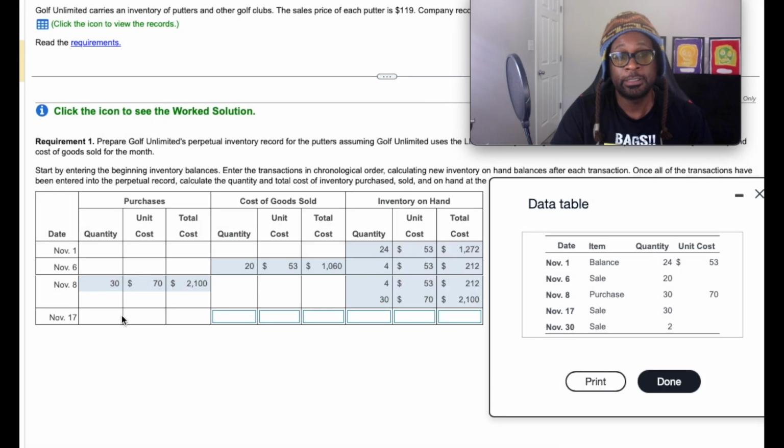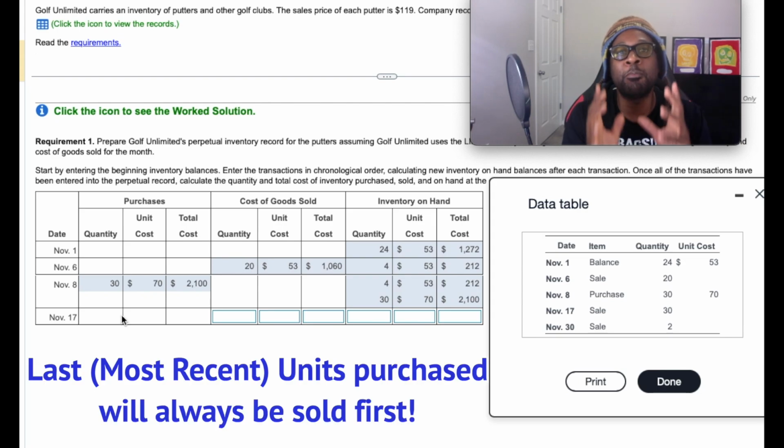Good job, gang. Now we're going to account for the November 17th sale of 30 units. The object of the game is to consider where those particular units came from as of the November 17th sale of 30 units. We're practicing LIFO, gang, which means that the most recent purchases, i.e. the last things we've purchased, will be the first to be sold.